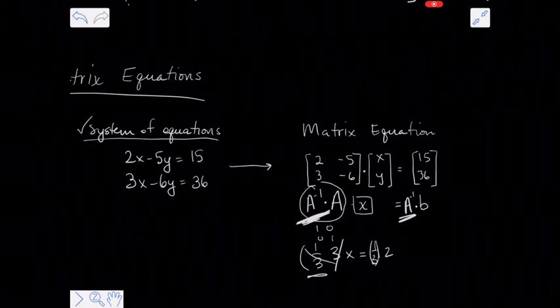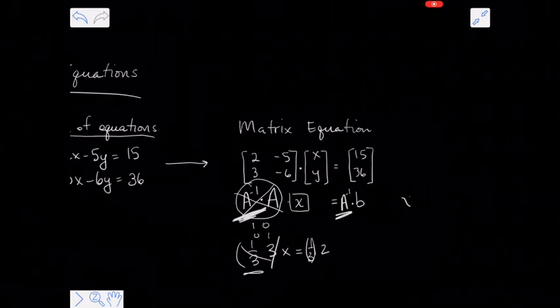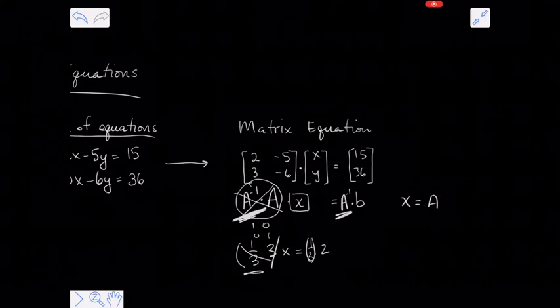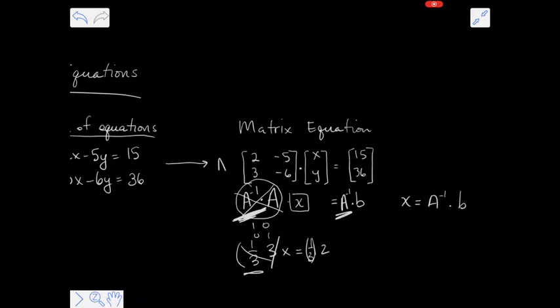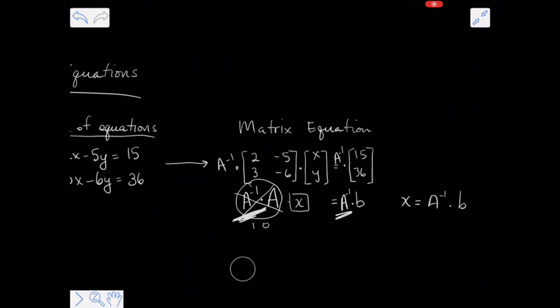Again, if I multiply A by its inverse, they're going to cancel each other out. So then my solution, x, is equal to the inverse of A times B. So the first thing I need to figure out is what is the inverse of A.